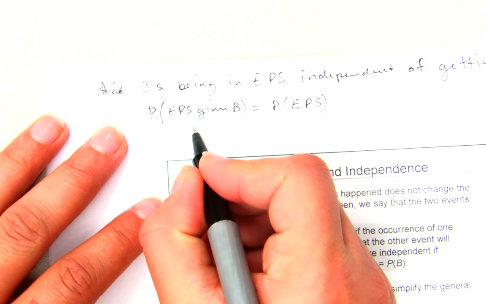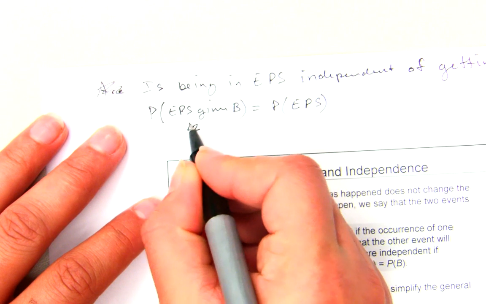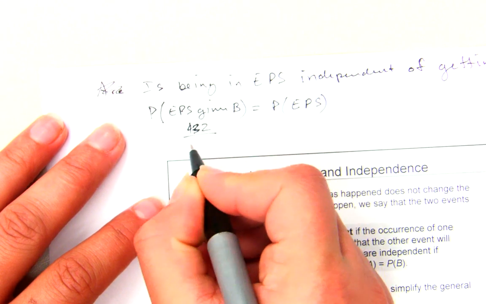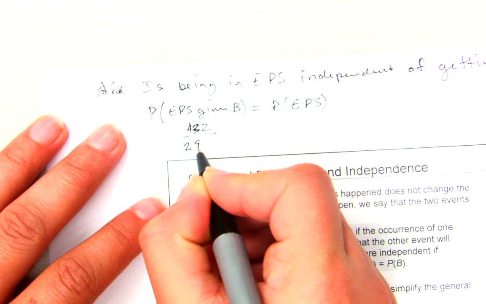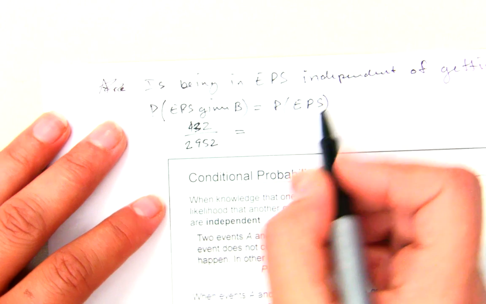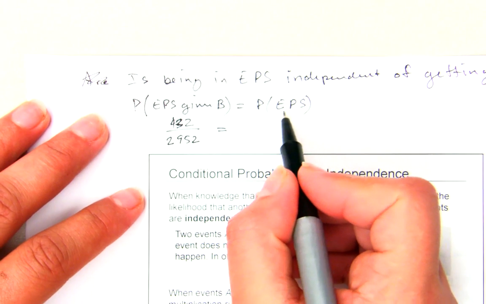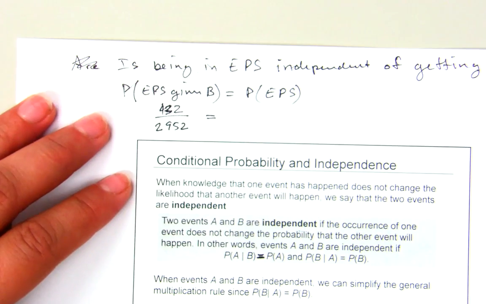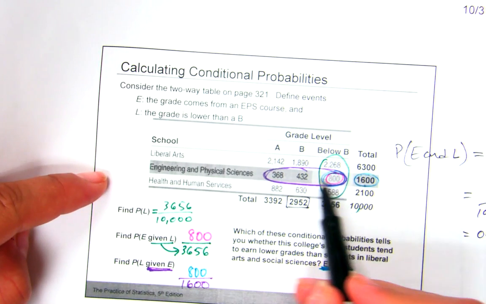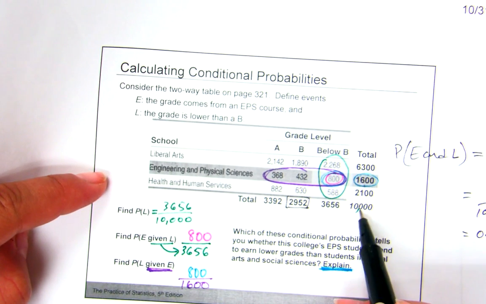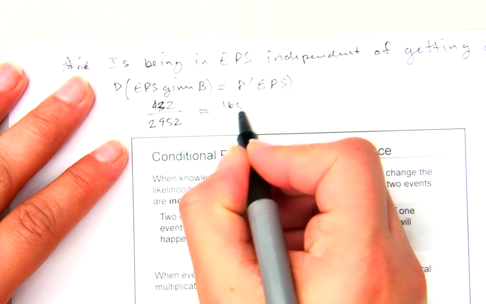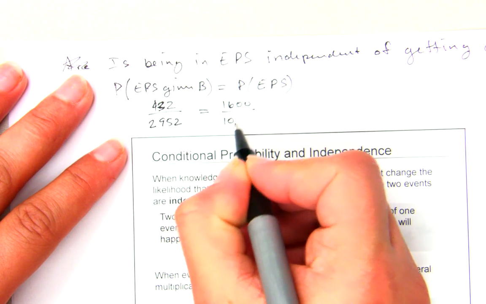So it'd be 432 out of 2,952. Is that equal to just being in engineering and physical sciences? Well, that probability is 1,600 out of 10,000.